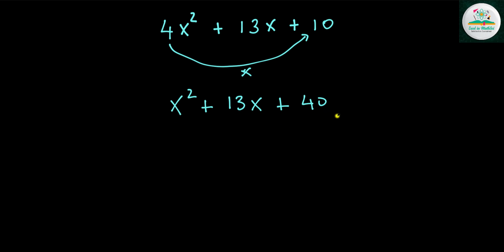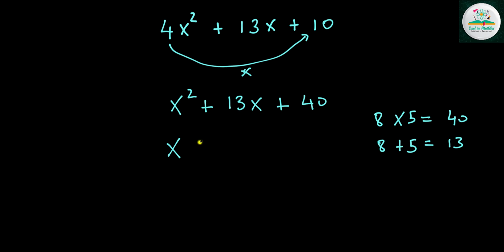So once again, we find two numbers that multiply to give us 40 and add to give me 13. Two factors of 40 are 8 and 5, because 8 times 5 gives me 40, and 8 plus 5 gives me 13.